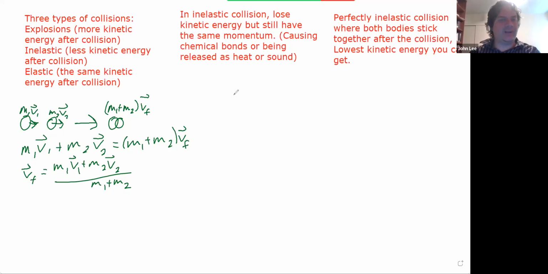I'm still working with vectors right now because this is a vector quantity, but this is where it gets a little difficult.